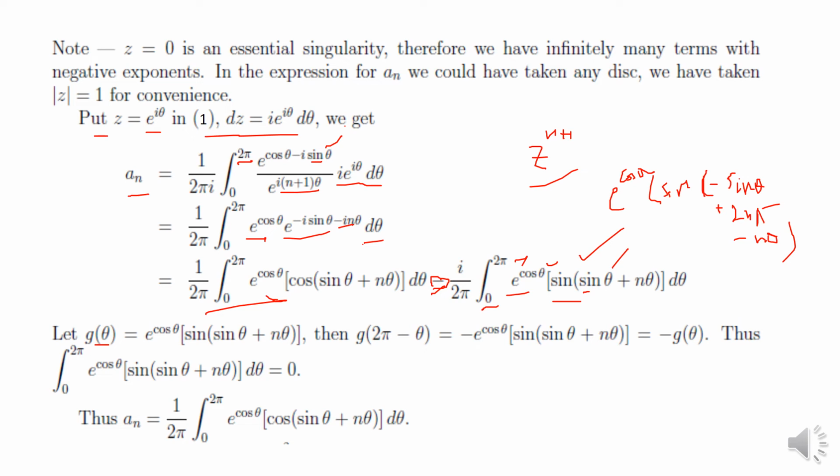So 2n pi, and we have multiplied minus n theta. This is the term. So we get sine of minus sine theta plus 2n pi minus n theta.